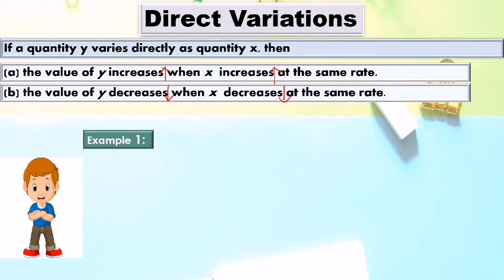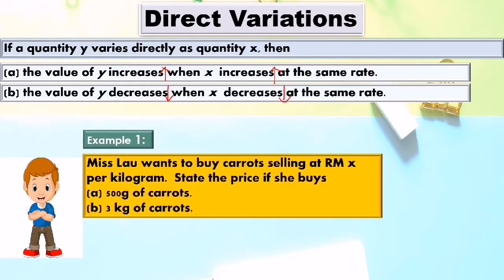Okay, for example, Miss Lau wants to buy carrots selling at RMX per kilogram. State the price if she buys 500 gram of carrots. Okay, 500 gram of carrots equals to half kg of carrot.